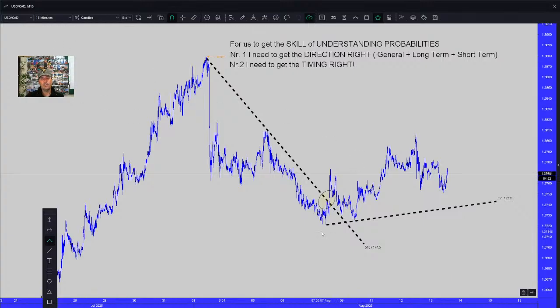So, 15-minute chart, everybody. Do we agree that on the 15-minute chart, USD CAD is making market wave? We just learned market wave. Something like this, just an example.